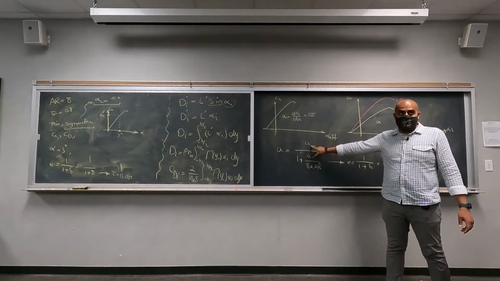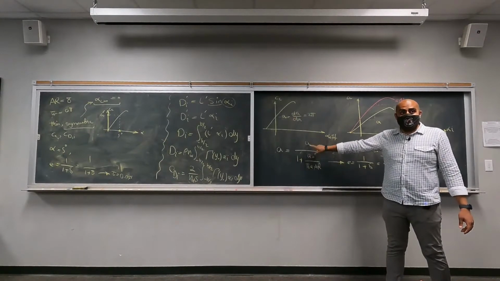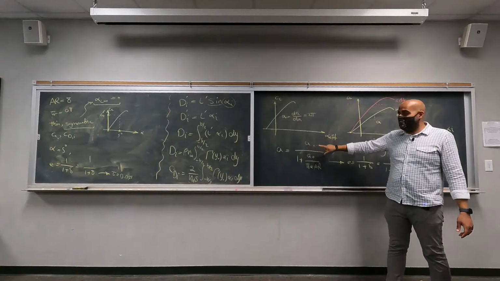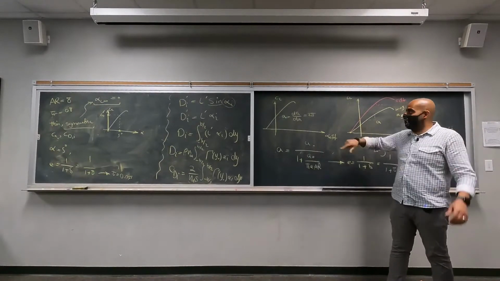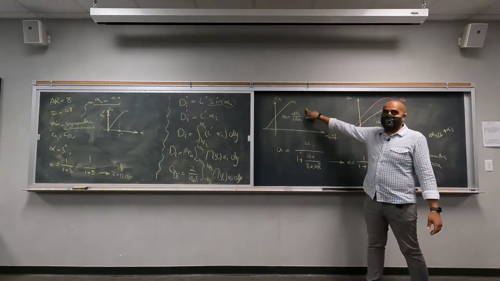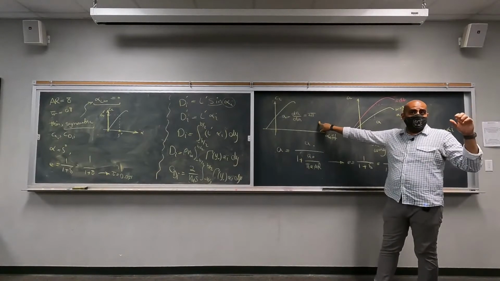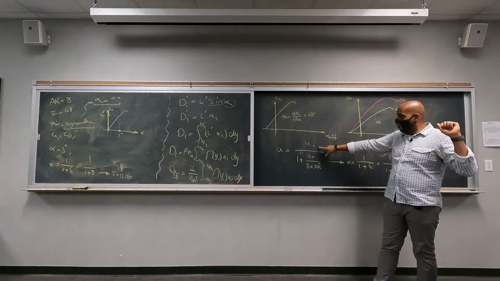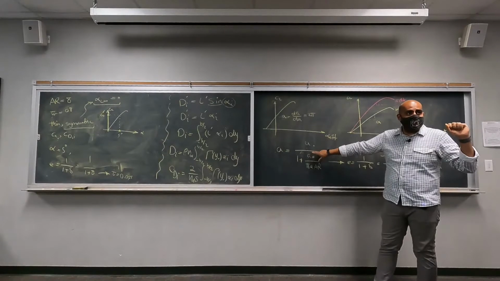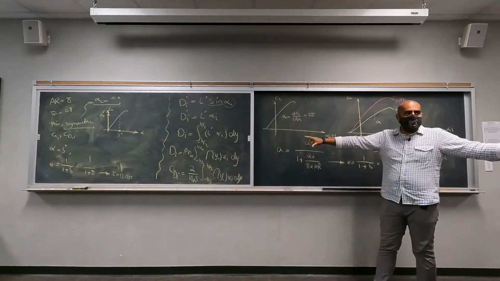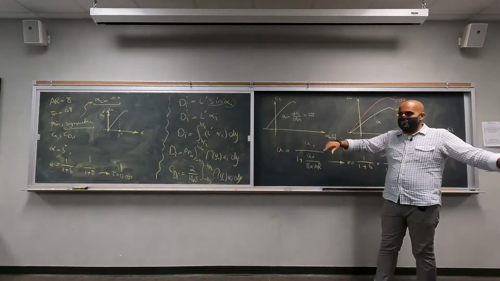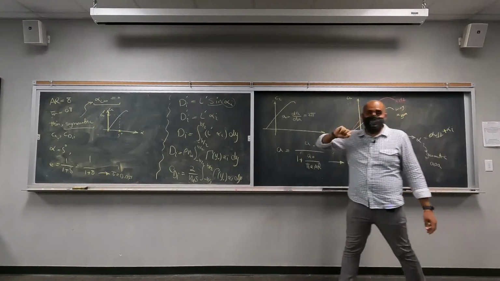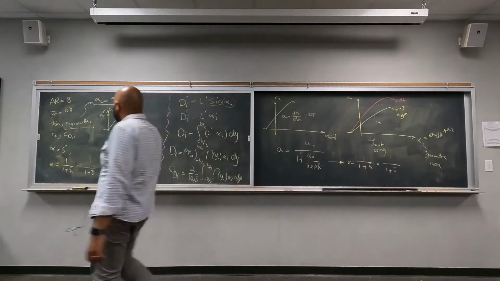This A naught for a thin airfoil is essentially 2 pi based on chapter 4 calculation. A naught is the value of this slope for an infinite wing, right?